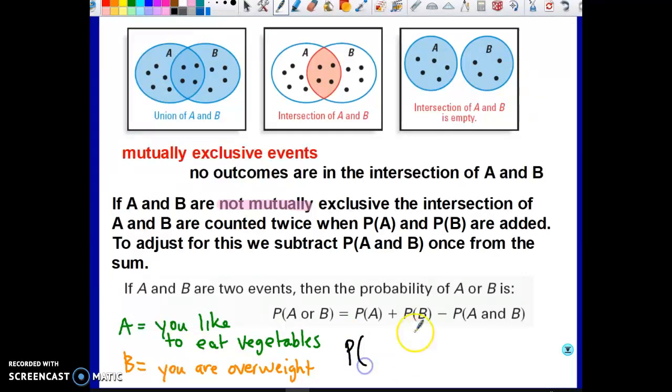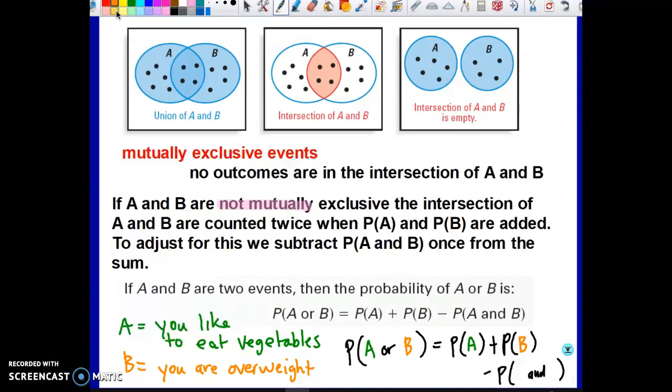So the probability that you either like vegetables or you are overweight would be the number of ways that you could like vegetables, so the probability of A, plus the probability of B that you are overweight, minus the probability that you like veggies and you're overweight.